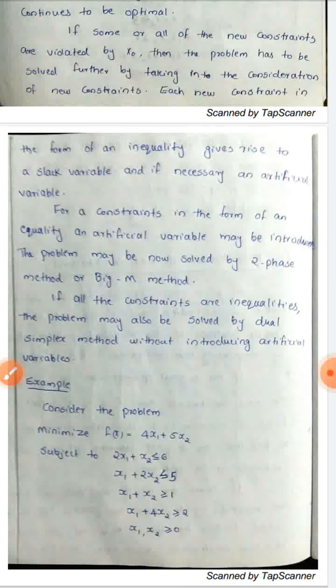For a constraint in the form of an equality, an artificial variable may be introduced. The problem may now be solved by the two-phase method or the big-M method.